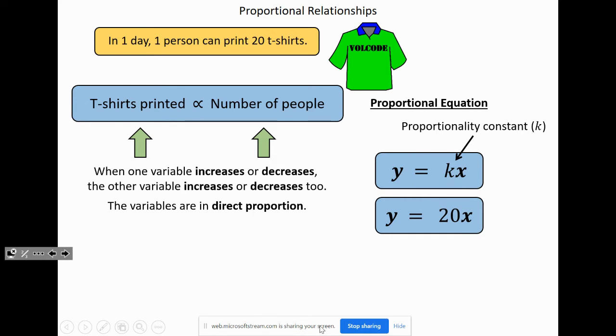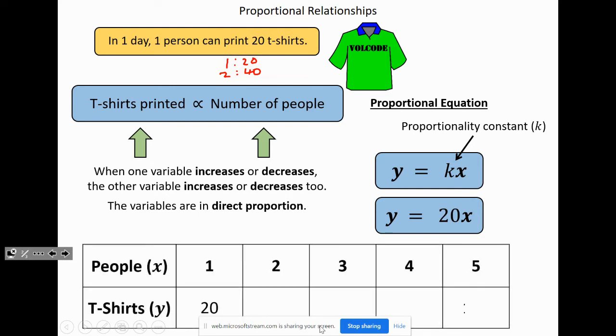Another way of representing this is think that if one person can print 20, they're in the ratio 1 to 20. So 2 people could make 40. So it works in a really similar way to ratio. And you often get tables like this when you talk about proportionality.